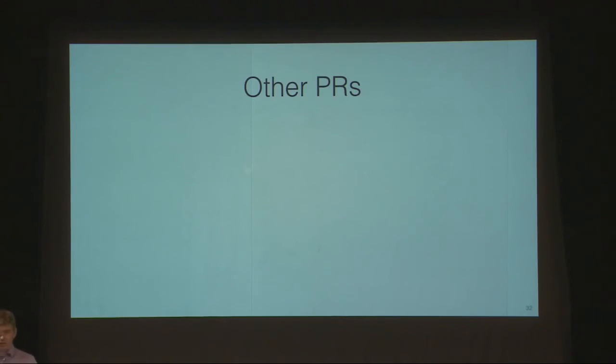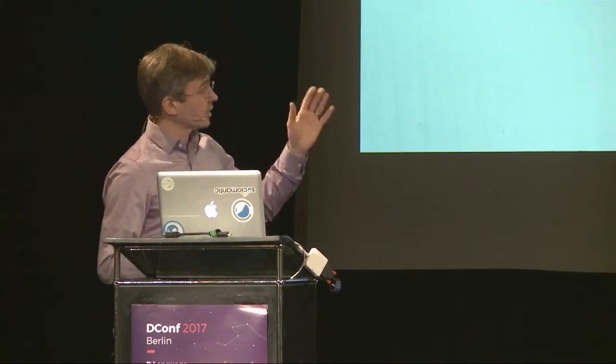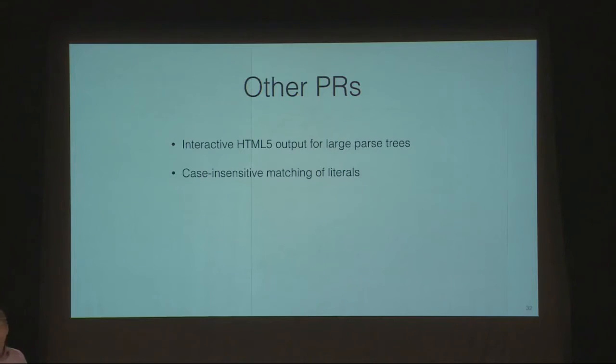A short slide about other PRs that I contributed. Interactive HTML5 output for large parse trees, where you can collapse and expand subtrees. Case-insensitive matching of literals. Pascal has case-insensitive keywords. A tracer compile option which generates gigabytes of log files in case you need to see exactly what's going on with your parse.